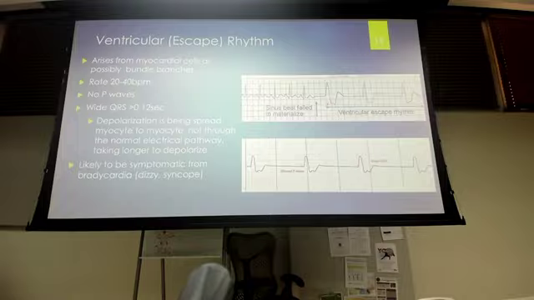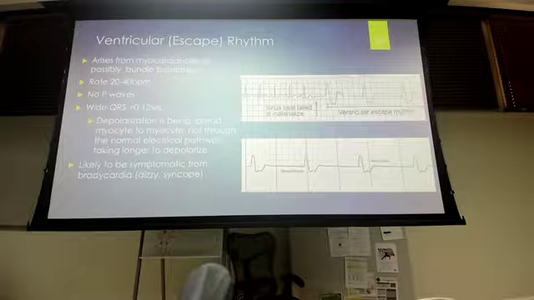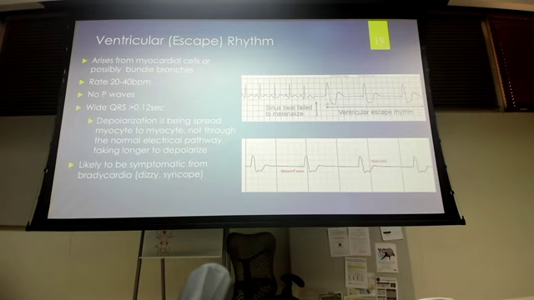So instead of using this automaticity, if we were to draw a line in how this electrical conduction normally occurs, we are now conducting and depolarizing myocyte to myocyte. We're not getting that quick depolarization like we normally would because something has knocked out the electrical conduction pathway. So instead, we're still depolarizing, but cell to cell to cell via those gap junctions because sodium is going from cell to cell to cell.